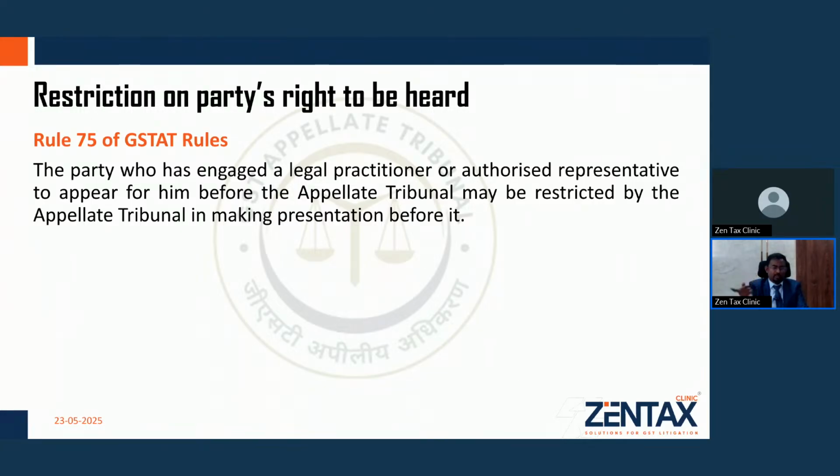The authorized representative shall only make submissions before the Appellate Tribunal and not the party themselves. That is what is also contained in rule number 75, and therefore when there is an authorized representative, there could be a restriction on the party's right to be heard.